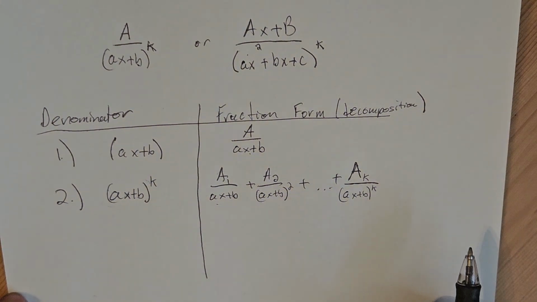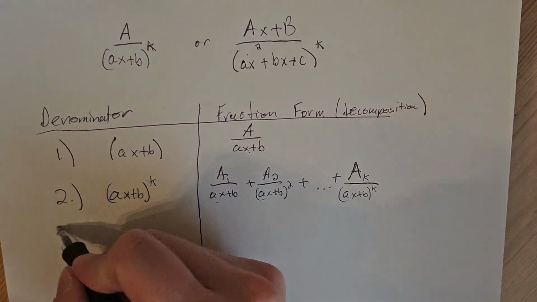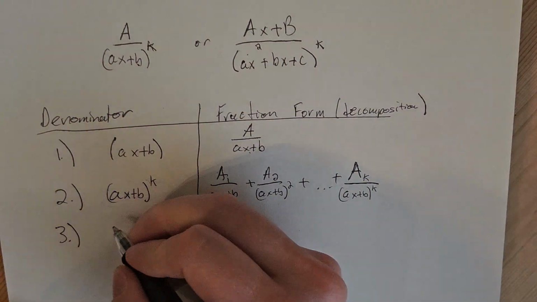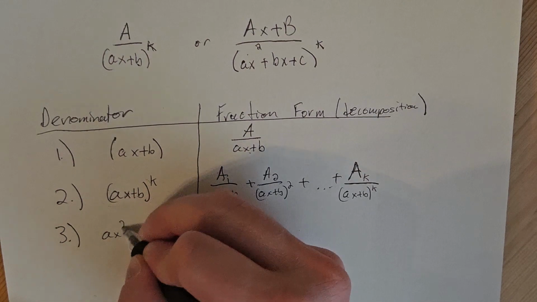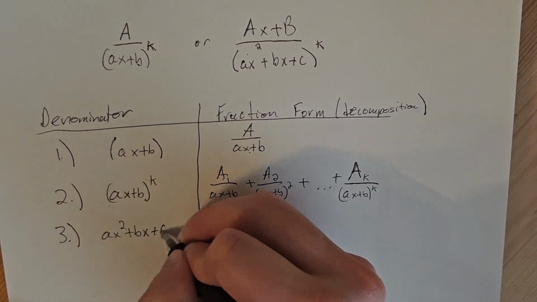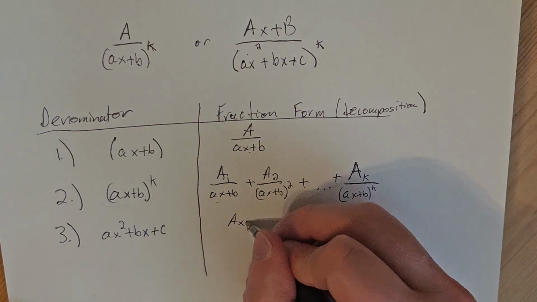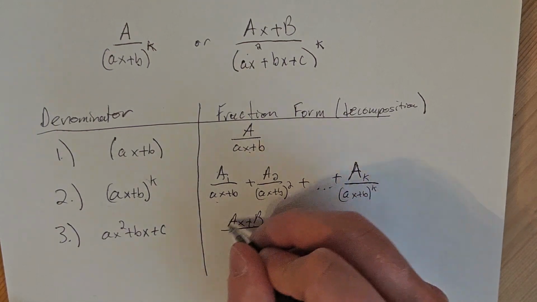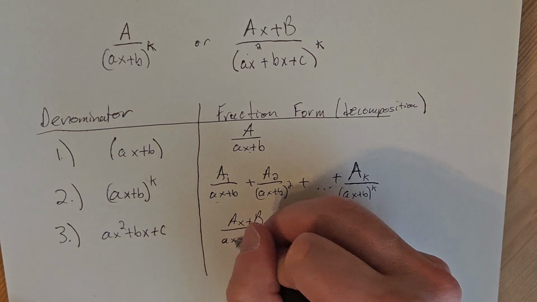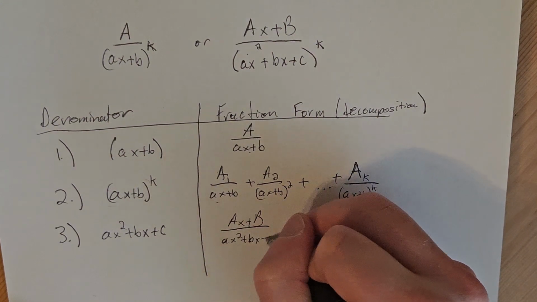Well, we can also have quadratics in the denominator. If we get something like ax squared plus bx plus c, then we could have a linear term up in the numerator, ax plus b, over ax squared plus bx plus c.